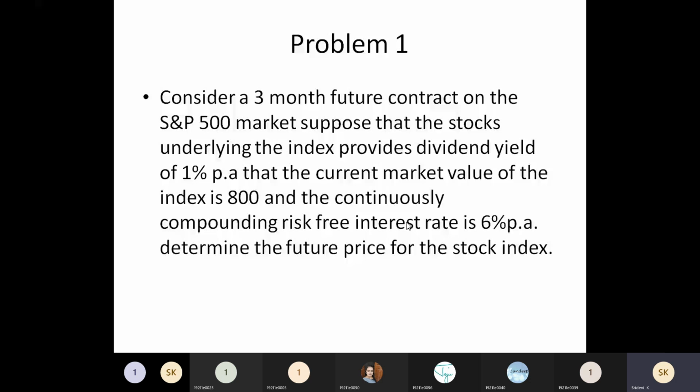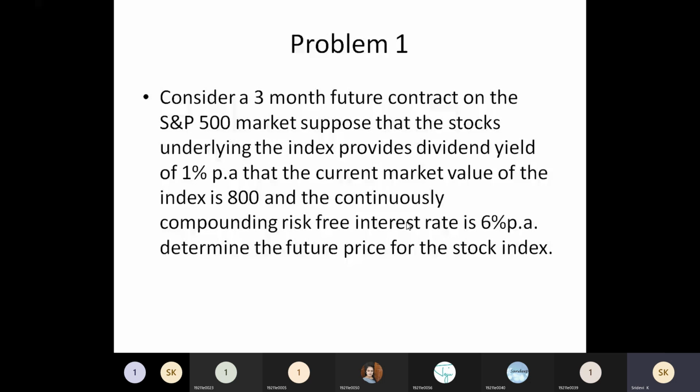Suppose that the stocks underlying the index provide a dividend yield of 1% per annum, that the current market value of the index is 800, and the continuously compounded risk-free interest rate, the R value, is 6% per annum. Determine the futures price for the stock index.